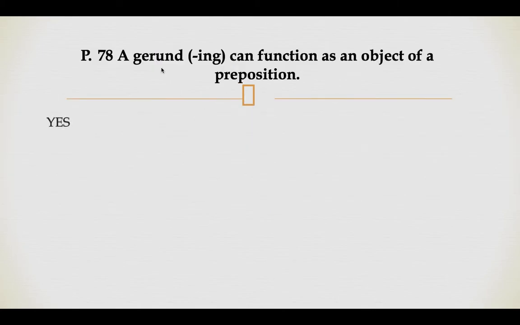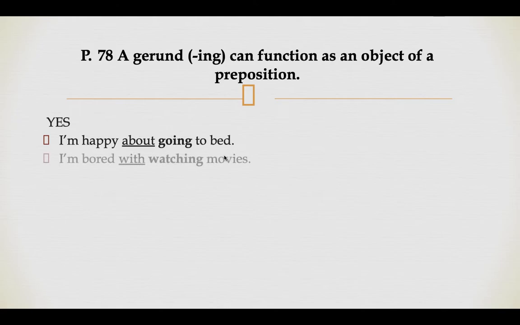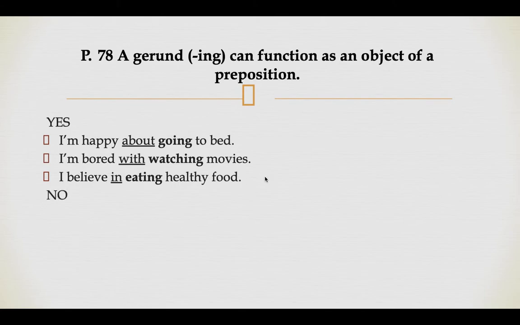Okay, so on page 78, a gerund is an ing form that can function as an object of a preposition. I'm happy about going to bed. I'm bored with watching movies. I believe in eating healthy food. Okay, those are good, but this is bad. I'm happy about to go to bed.